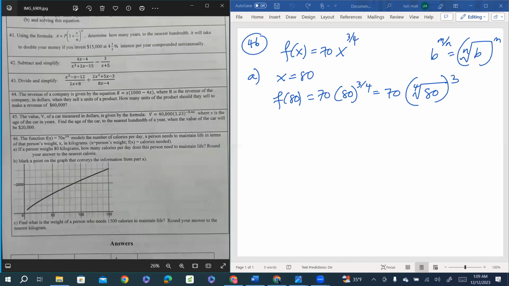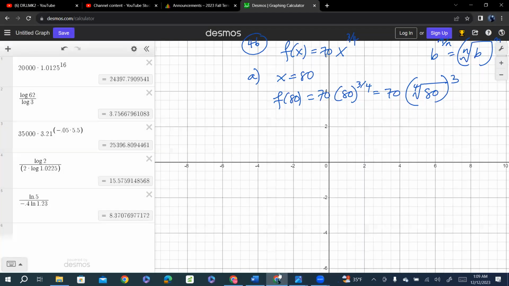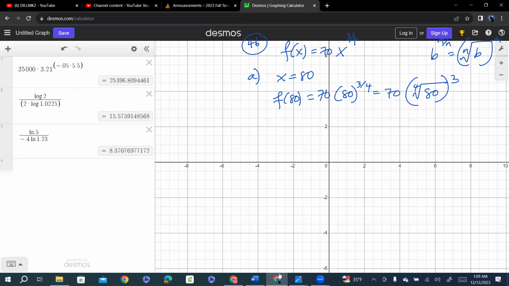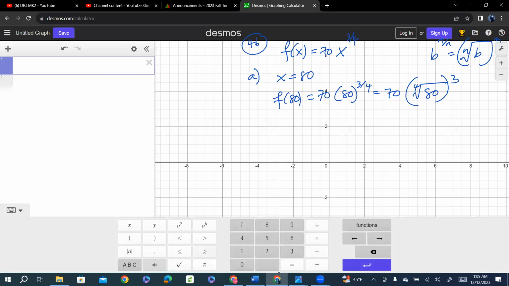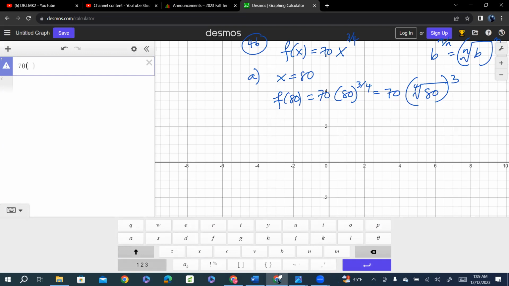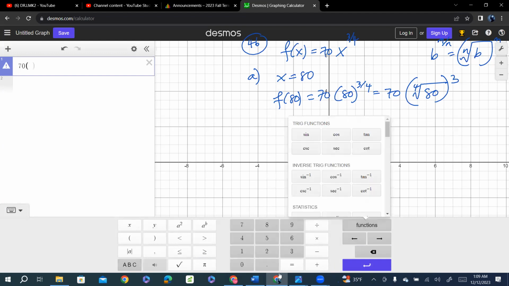So let's use our Desmos calculator again. Let me delete some of these answers so you can see it. We type in 70 times, parentheses, and then the fourth root. I guess the fourth root has to be in the functions.